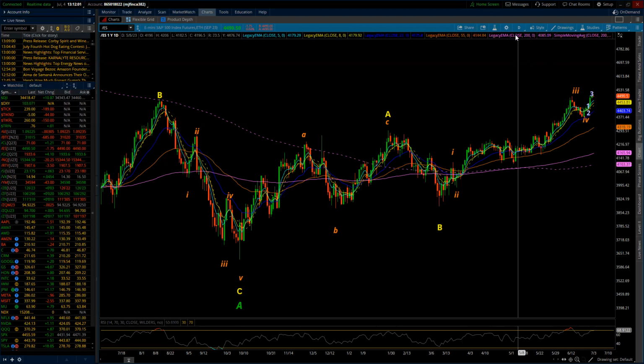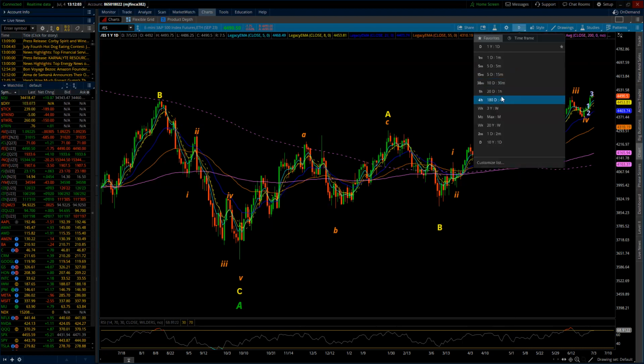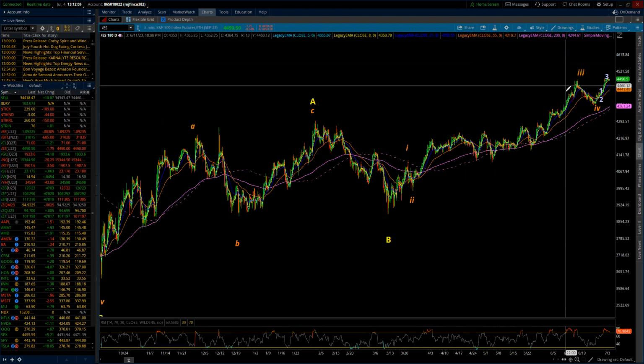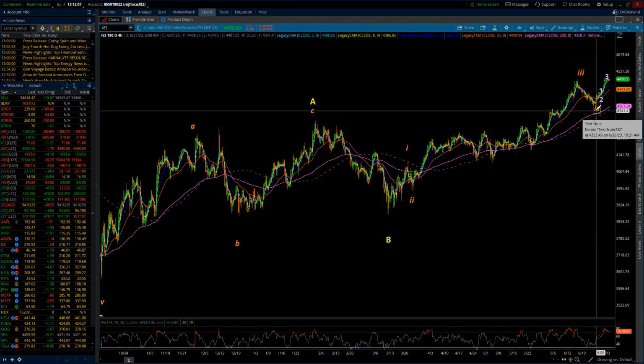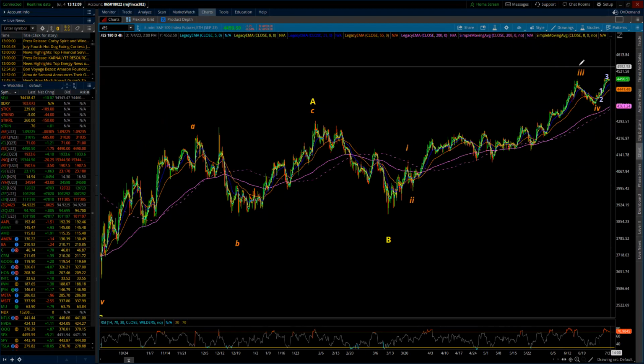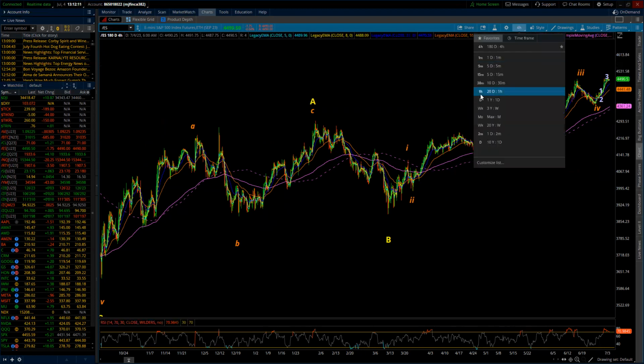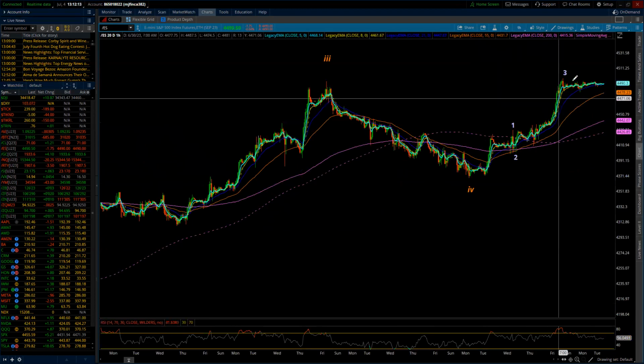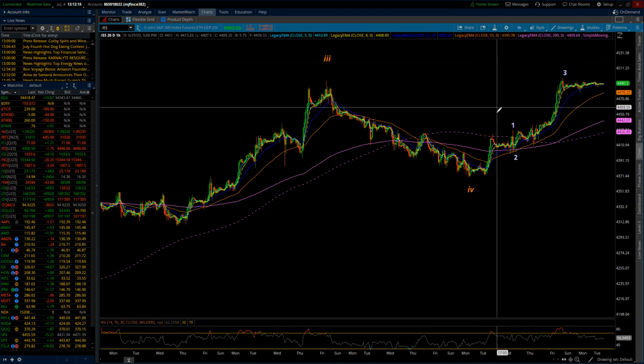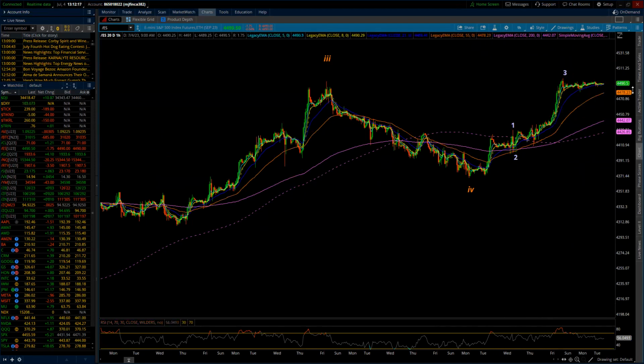Now, coming down, within this minor fifth wave, what do we have? We have 5 waves of minute degree, of which we've done 1, 2, 3. I don't think 4 is over yet.